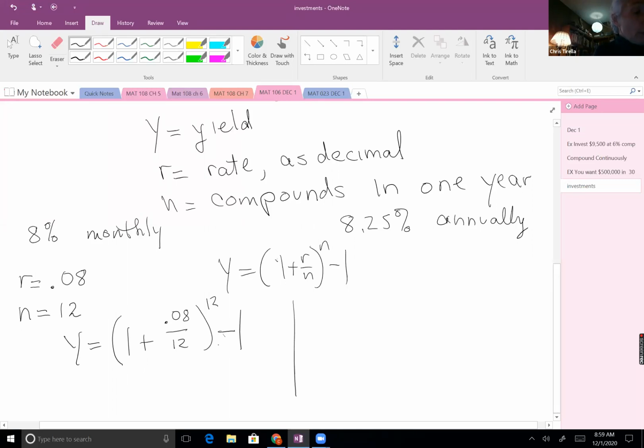And so if we type that in, parentheses, 1 plus 0.08 divided by 12, close, raised to the 12th power, then subtract 1, I get a crazy decimal, 0.08299999. Whoop, did I put an extra 9 in there? I think I did. 3 nines, 507.